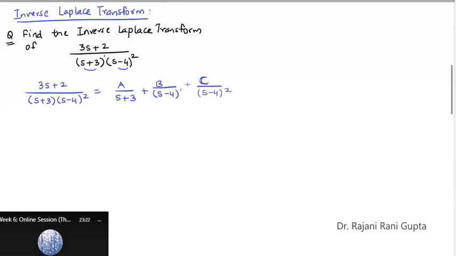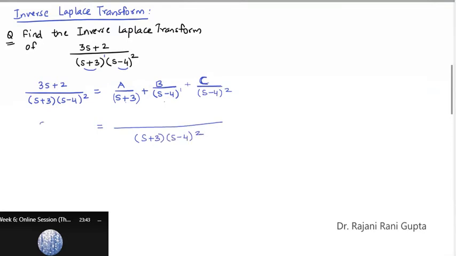Now we need to simplify this. So first of all we should get the LCM. Here the LCM will not be just the multiplication of s plus 3, s minus 4 and s minus 4 power 2. It will be (s plus 3)(s minus 4) power 2.